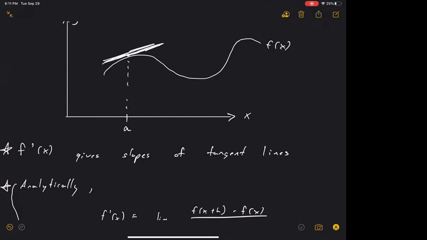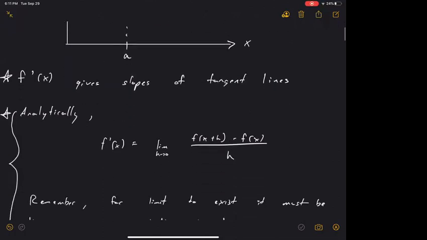I can plug in different values and get the slopes of tangent lines at different points along my curve f. So really, f prime of x is giving us these slopes of tangent lines.